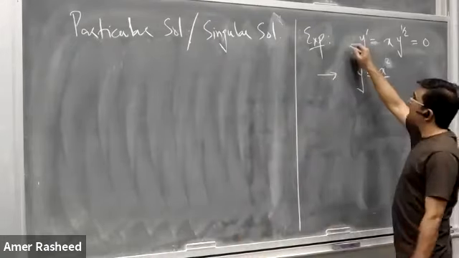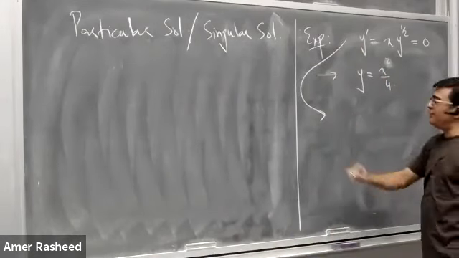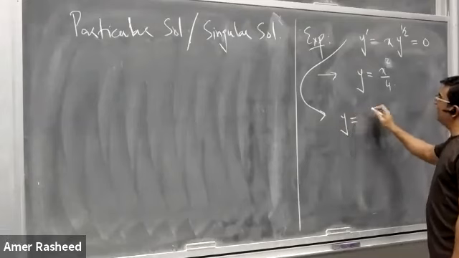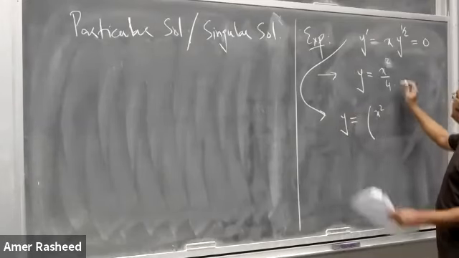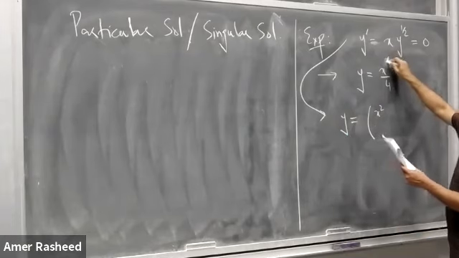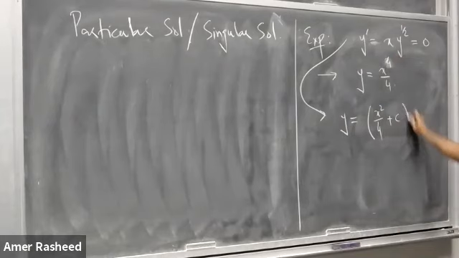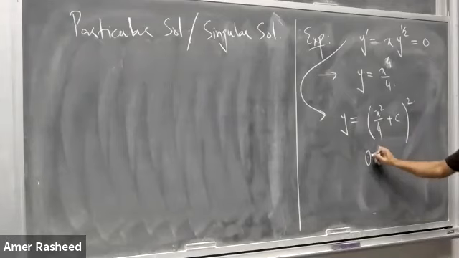If I write the solution of this differential equation properly, which involves one parameter family of solution, it is in fact (x²/4 + c) whole power 2. This is a one parameter family of solution.